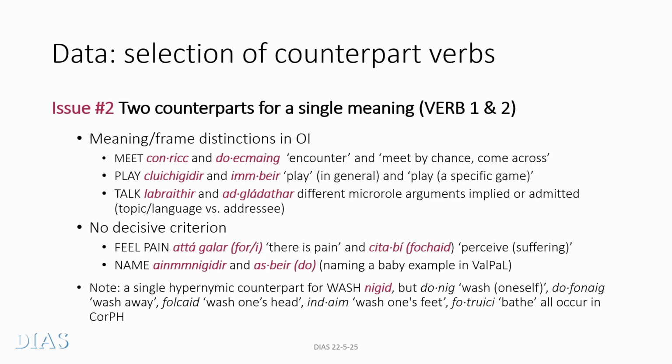In some cases, this was due to the fact that there were differences in meaning. For example, for meet, the database contains several verbs, for encounter and meet by chance. For play, one verb is used without any object, so to play, while another is used when a specific game is played. For talk, two verbs profile different micro-arguments. So one may have the topic of oral language as an argument, while the other has the addressee.